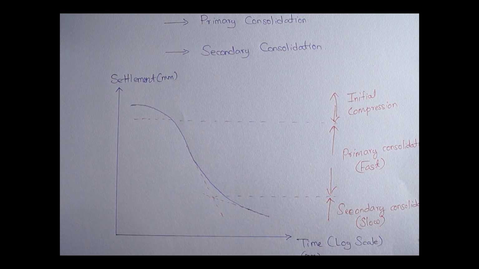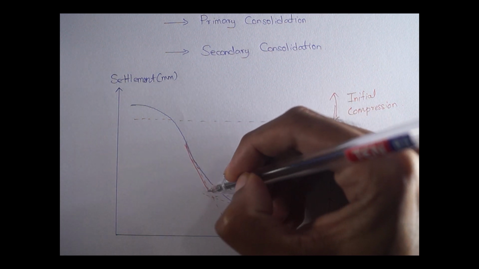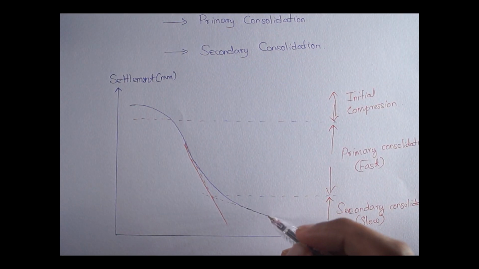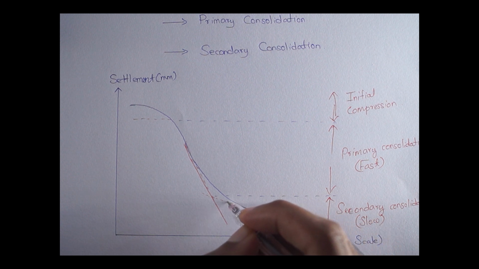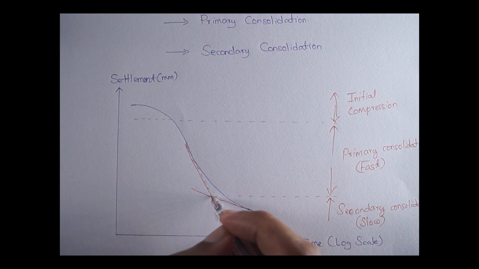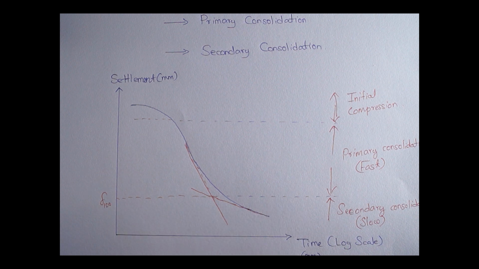One should note that to find out the point where almost 100% settlement of primary consolidation occurs is to draw a tangent along this line, which is something like this, and draw another tangent along this line of the secondary consolidation portion, extend it, and where the points meet gives you the settlement delta 100, where the primary consolidation process is almost over.